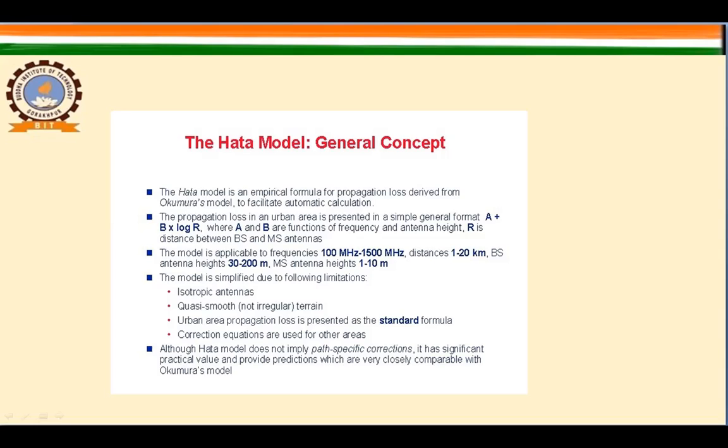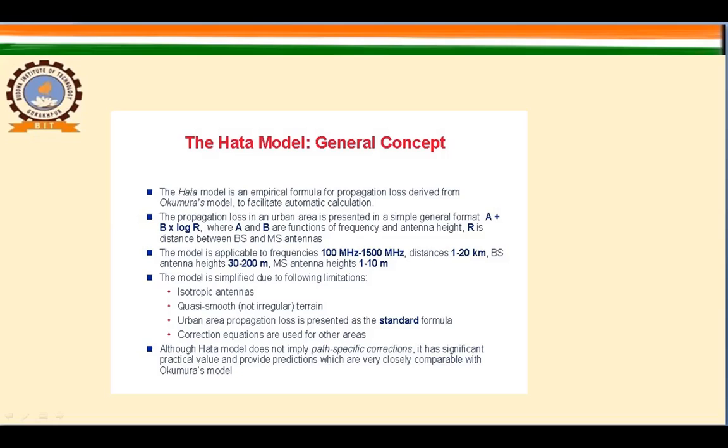OKUMURA did comprehensive measurements in 1968 and came up with a model, discovering that a good model for path loss was a simple power law where the exponent n is a function of frequency, antenna height, etc. It is one of the most widely used models for signal prediction in urban areas.